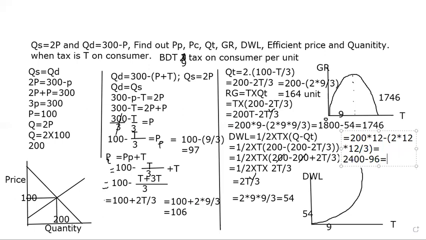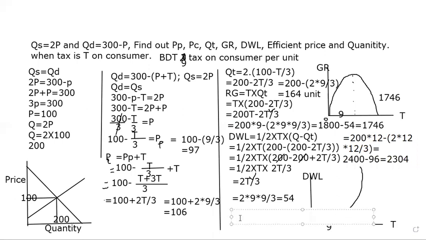So our government revenue 24 minus 96. So government revenue 2304, and deadweight loss right now will be here.